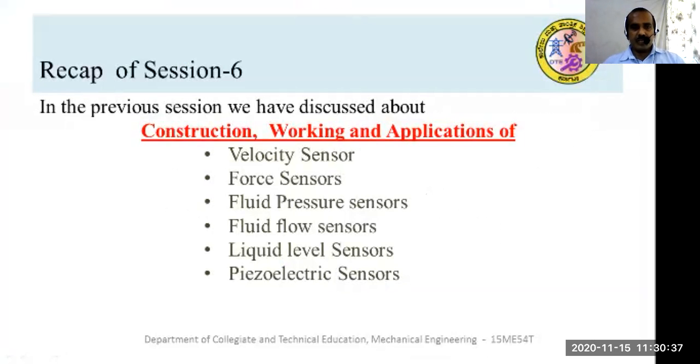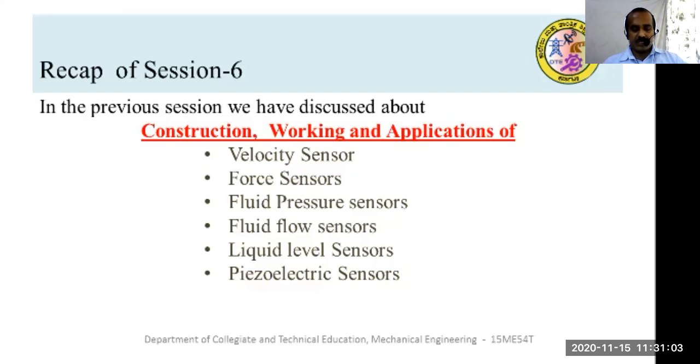In the previous session, we have discussed about velocity sensor, that is a tacho generator, which is used for measuring the rotational speed of a shaft. A force sensor, that is a load cell, which is used to measure the force acting on the member.